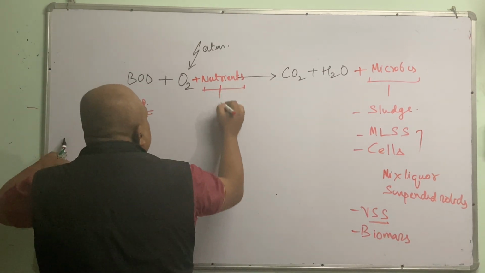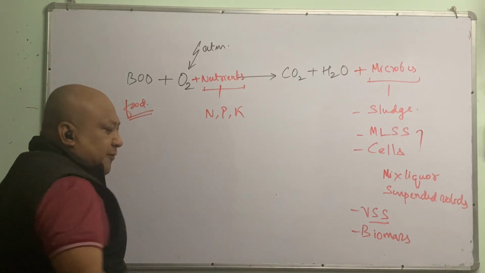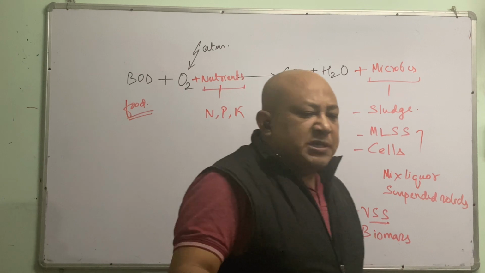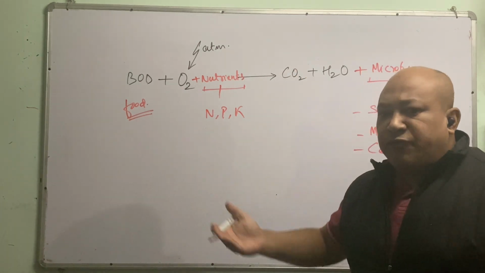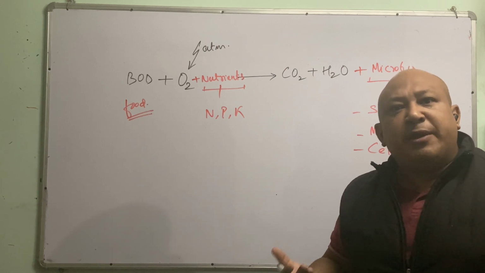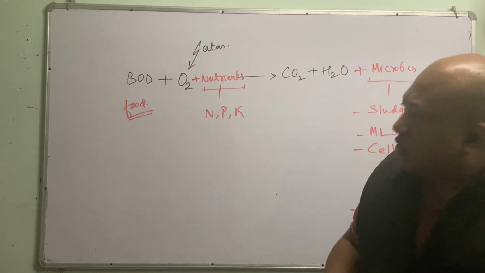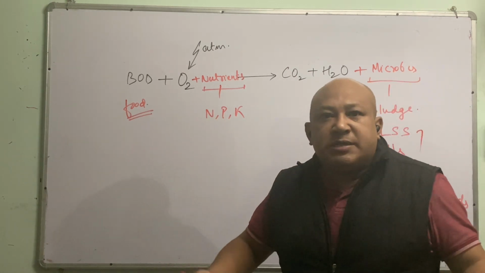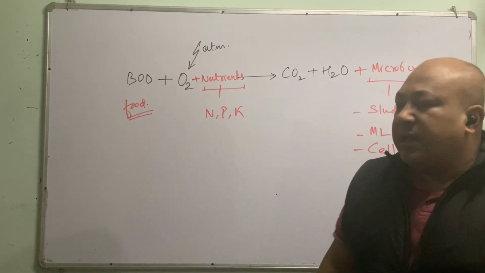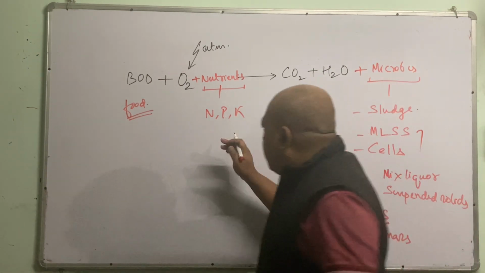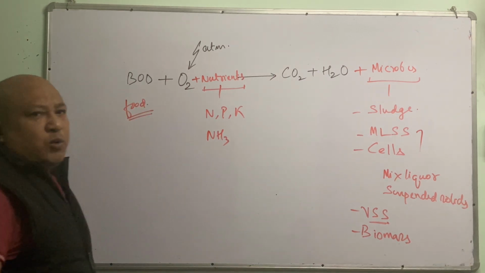Some of the nutrients are nitrogen, phosphorus, potassium. Say, for example, domestic wastewater contains a lot of nutrients, such as nitrogen. Nitrogen from where? Nitrogen comes from amino acids. Many protein foods contain amines. So this nitrogen, if in excess, you can see eutrophication happens in the lake. That means these are the nutrients. It may be in the form of NH3 or whatever, phosphate or whatever.